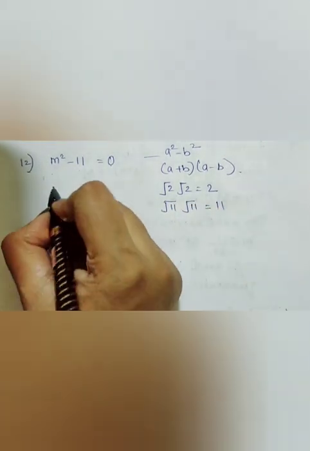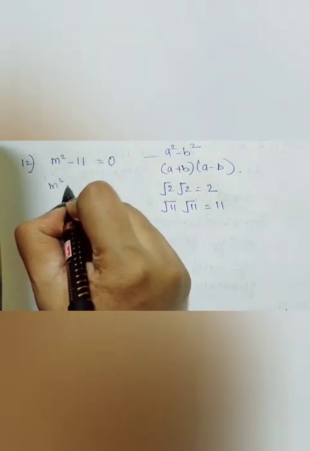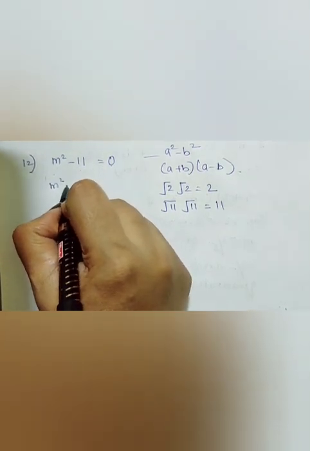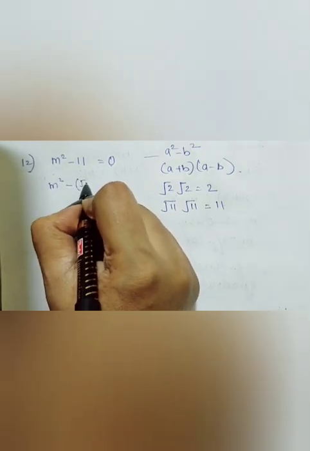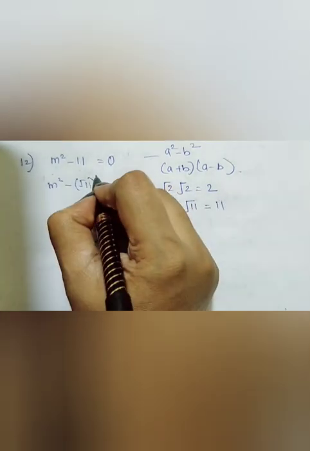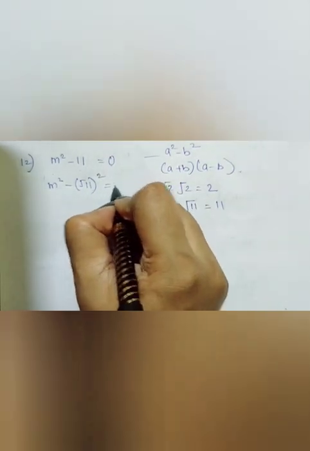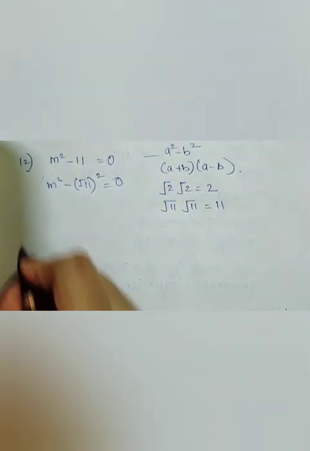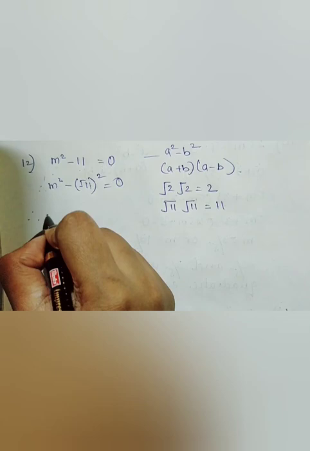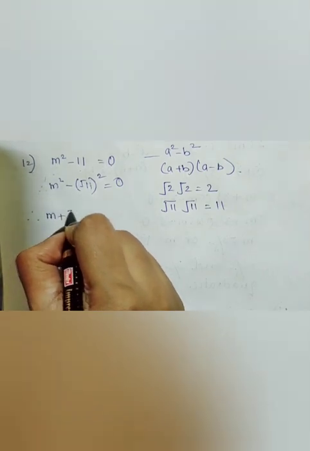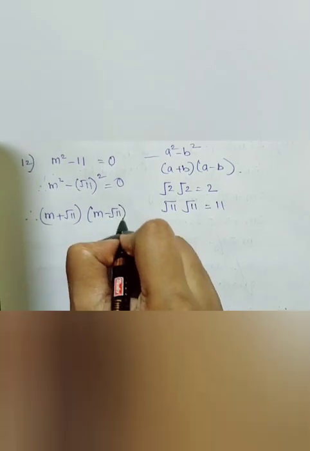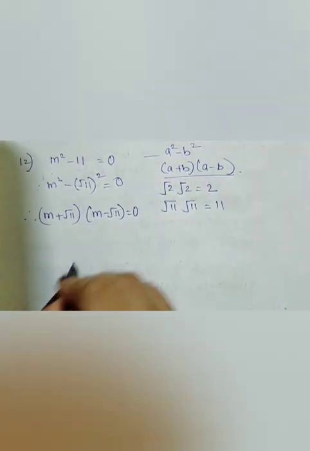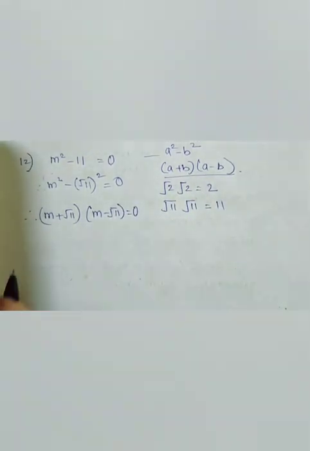So we are going to write here m square minus root 11 square equal to 0. After this we got m plus root 11, m minus root 11 is equal to 0, this form. So we got the factor of it.